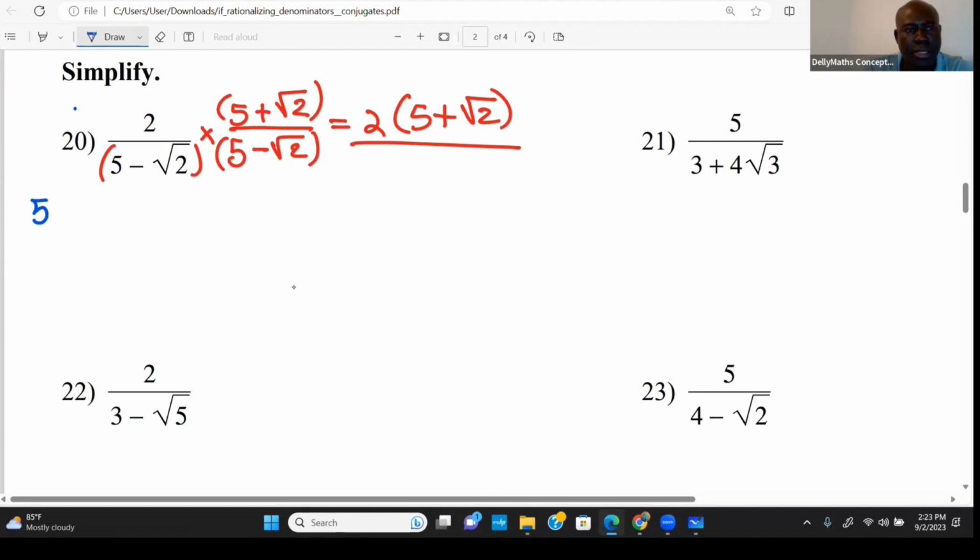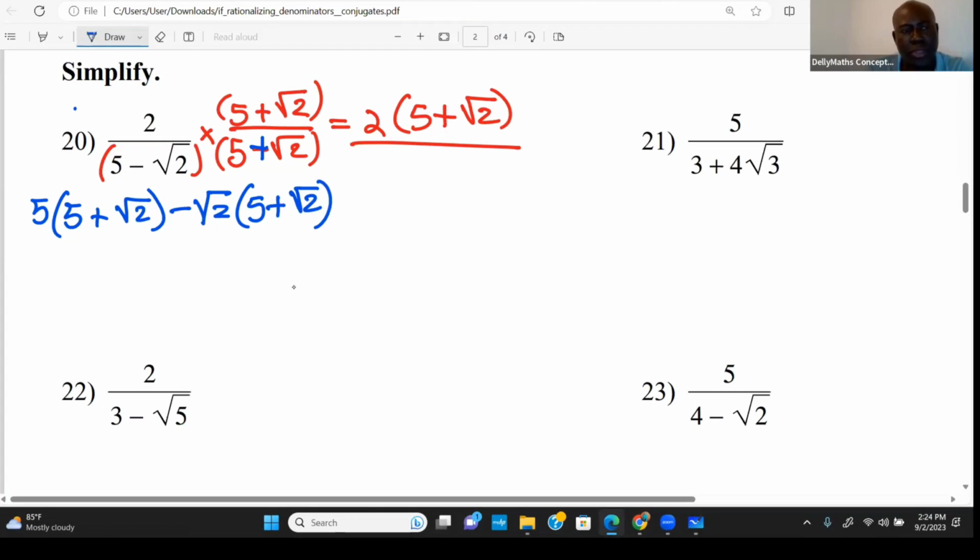So we're going to have 5, and we're going to multiply that by 5 plus the root of 2. Then I'm going to take the negative root 2 from the first bracket, and I'm going to multiply that by the same thing, 5 plus the root of 2. So basically, I am applying the regular distributive law right there.